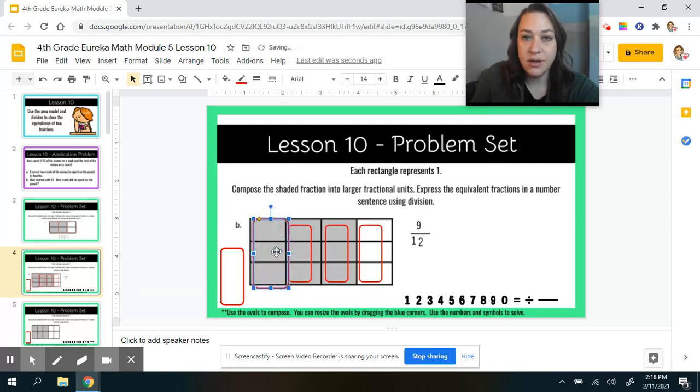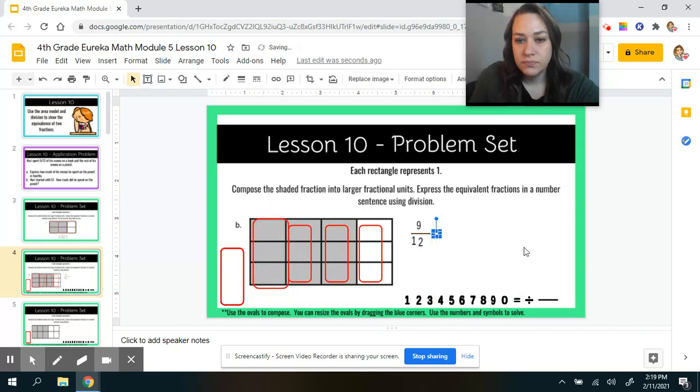So we know that our new denominator is going to be 4. And how many of those are shaded? So I have 1, 2, 3 of my 4 shaded. So 3/4 is my equivalent fraction to 9/12.